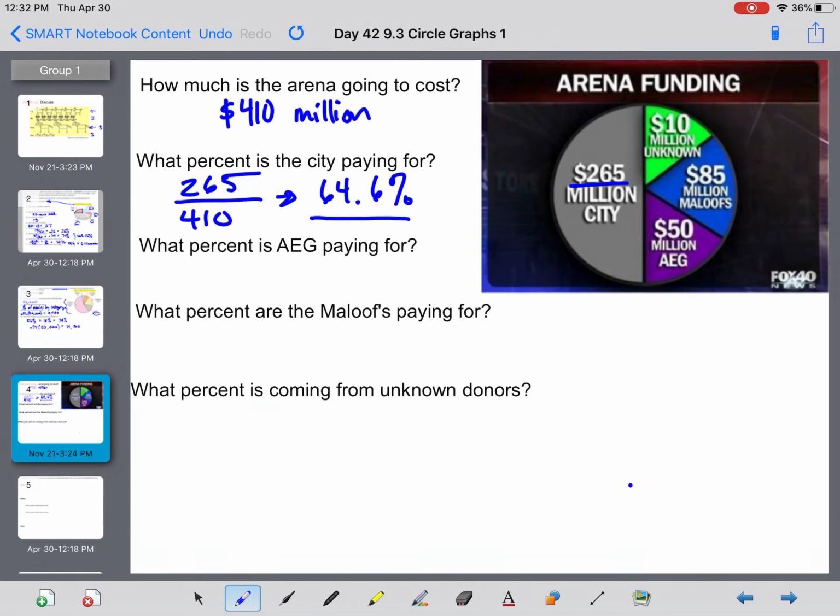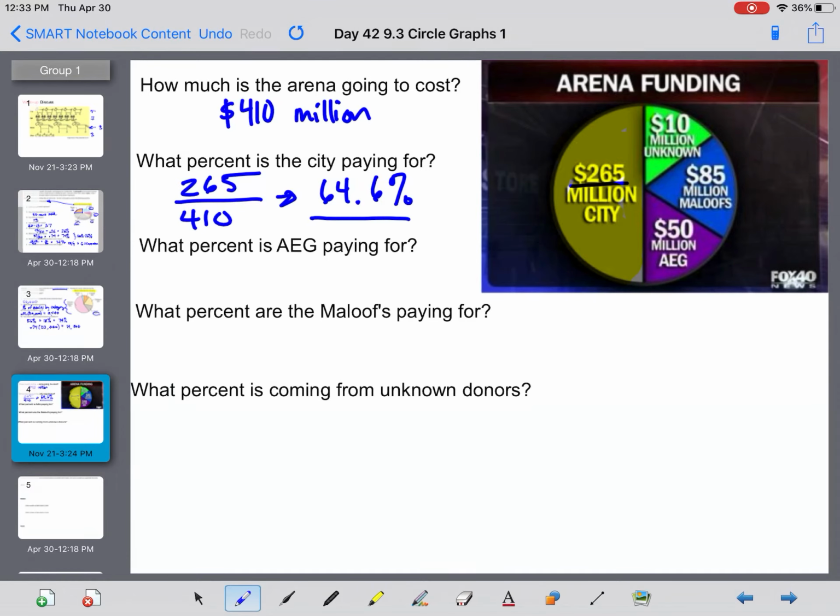So if I compare this 64.6% to what I'm looking at in my circle graph, I'm expecting that to be more than half of the graph. So what I see over here in the graph is this actually looks a lot closer to 50%. It looks like it's straight down the middle versus being more than half. It should be about 65% of the graph. So right away, that's jumping out at me as not good.